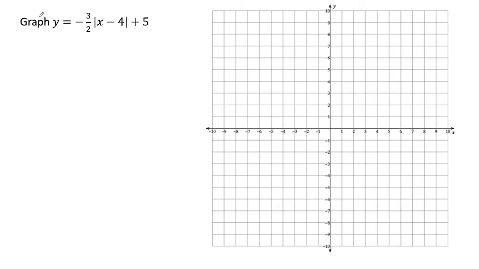All right, so let's start with example 1. We're going to graph the function y equals negative 3/2 times the absolute value of x minus 4 plus 5. And so the first thing you need to do is identify what type of function this is. And so this is going to be an absolute value function.